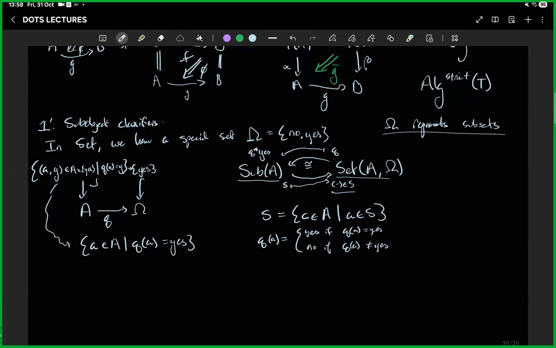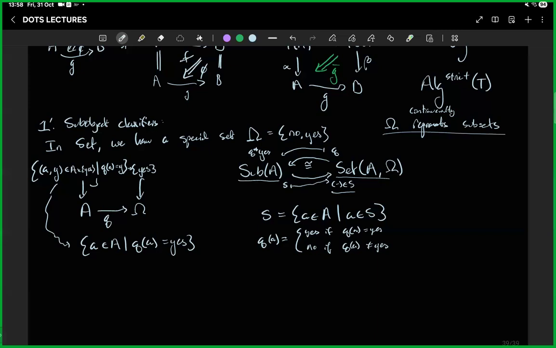Now, this is the opposite kind of representation that we mostly considered earlier on in these lectures. We mostly looked at maps out. So this is what we could call contravariantly. In other words, maps into omega represent subsets. Precomposition of maps into omega corresponds to inverse image of subsets, which is contravariant.